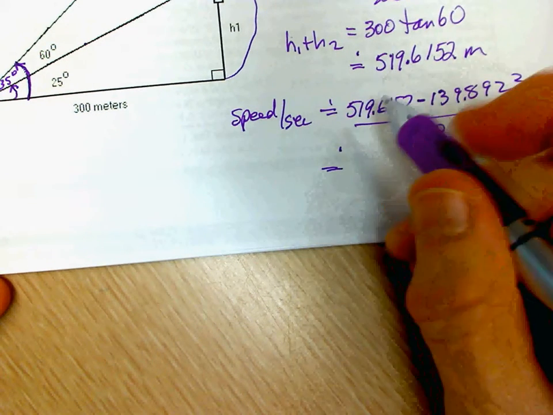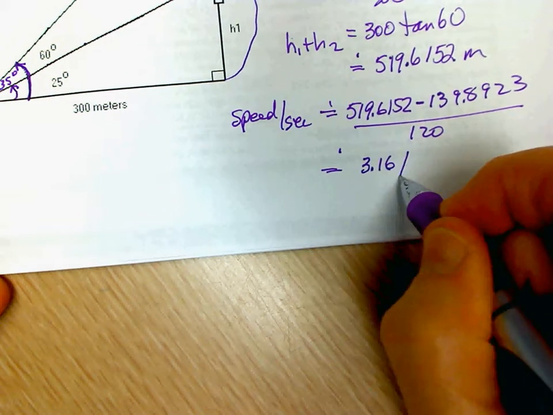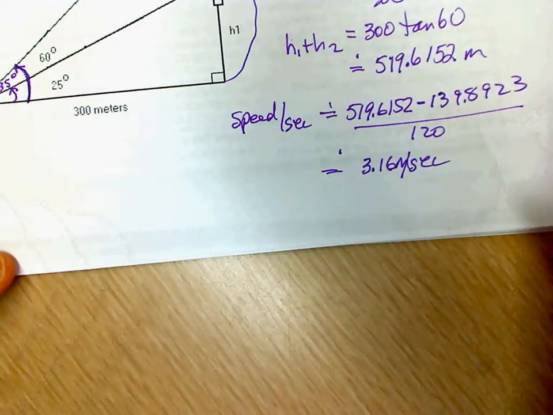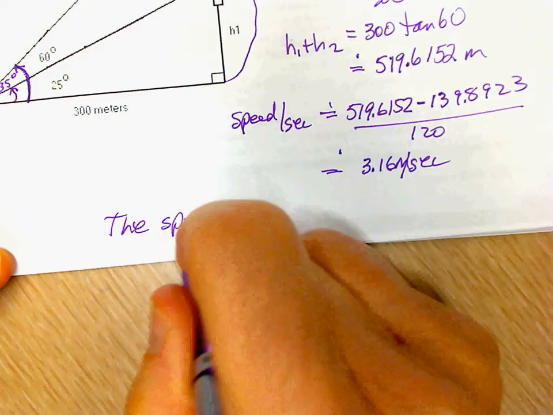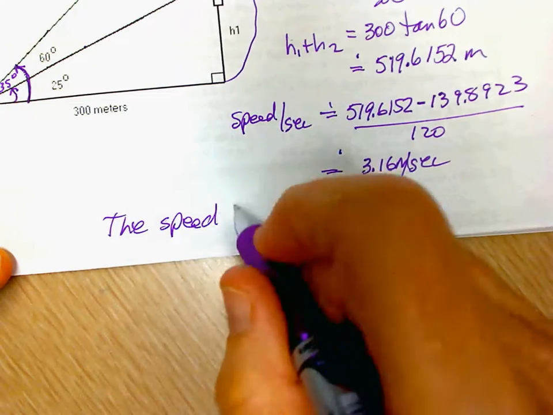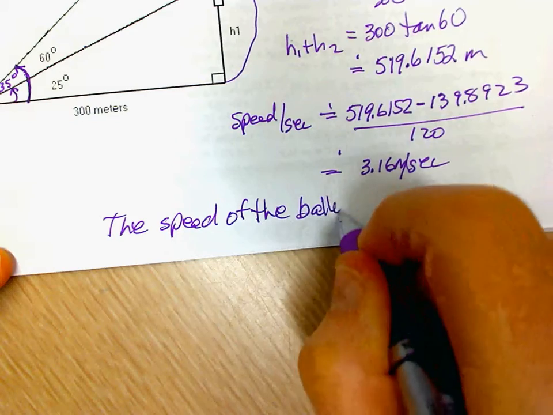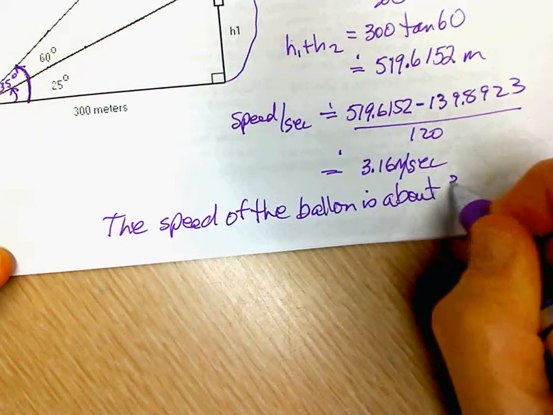This will be 3.16 per second. The speed of the balloon is about 3.16 meters per second.